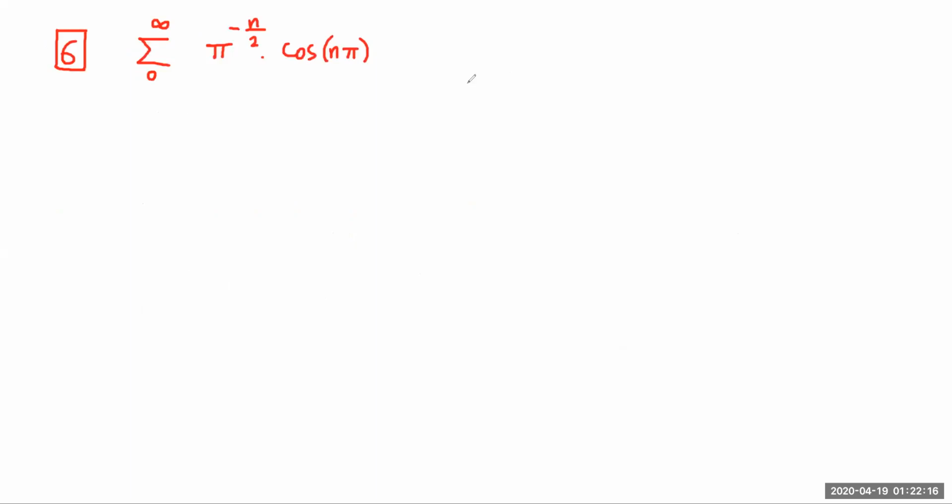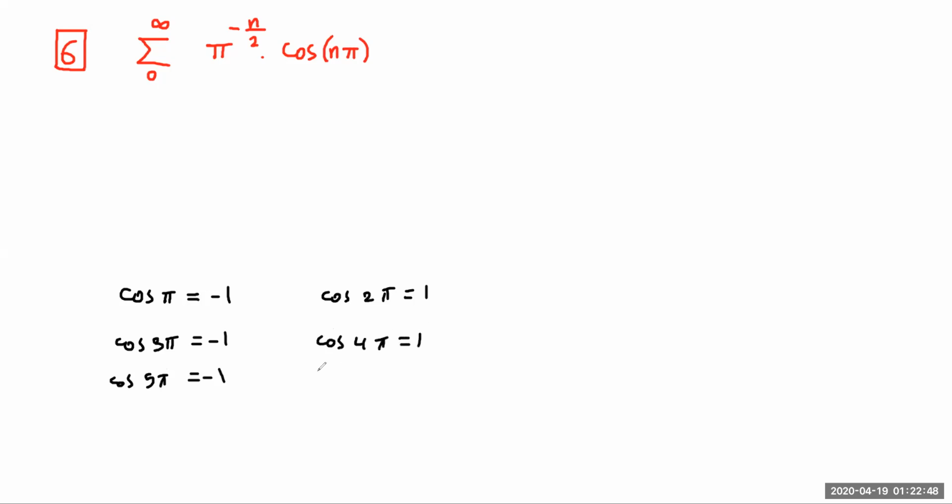The last example, sigma pi power minus n over 2 times cosine n pi. What is cosine n pi? What is cosine pi? It's minus 1. What is cosine 2 pi? It's 1. What is cosine 3 pi? It's minus 1. Cosine 5 pi, also minus 1. Cosine 4 pi, 1. Cosine 6 pi, 1.